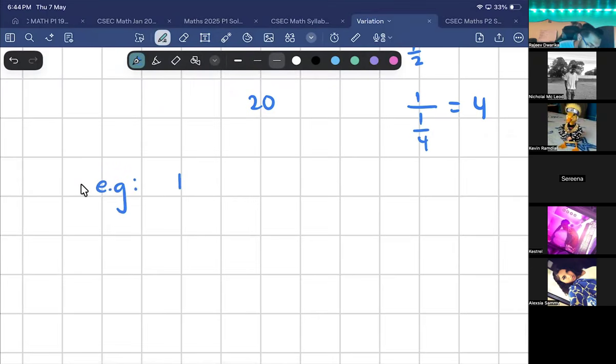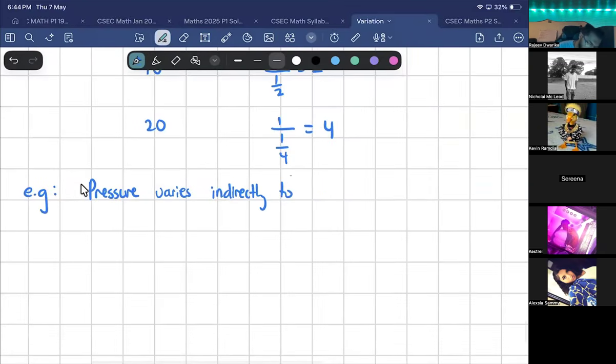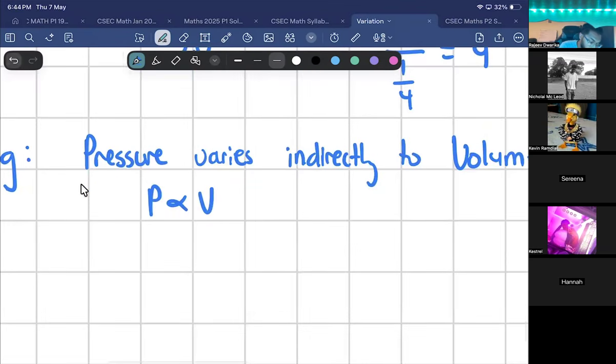Pressure varies indirectly to volume. So, Kestrel, am I going to say that pressure is proportional to volume? No, that's illegal. But I'm allowed to say that pressure is proportional to what over what? 1 over V. Good.